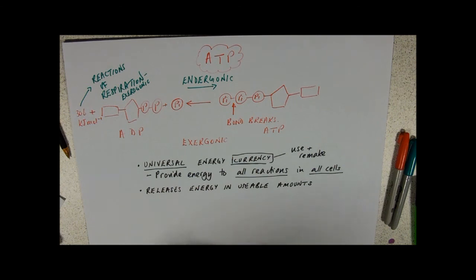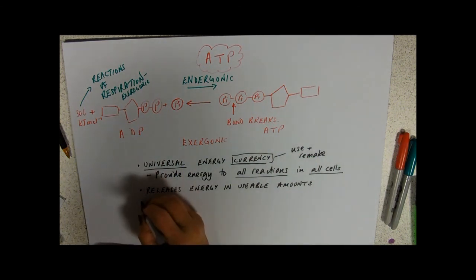It's just providing enough energy, not too much that the cell would be overheating, because of course one of the byproducts of reactions is heat. So we're just going to release it in a very usable little amount, really useful.